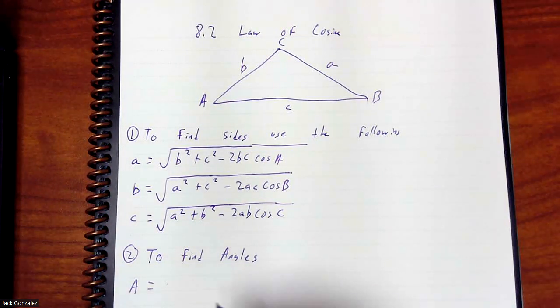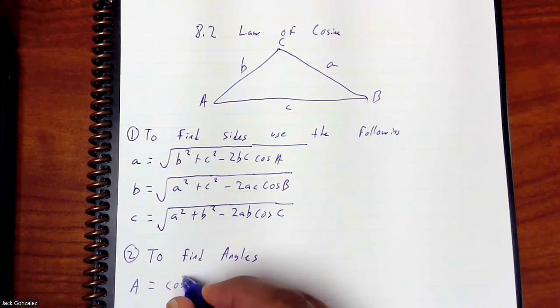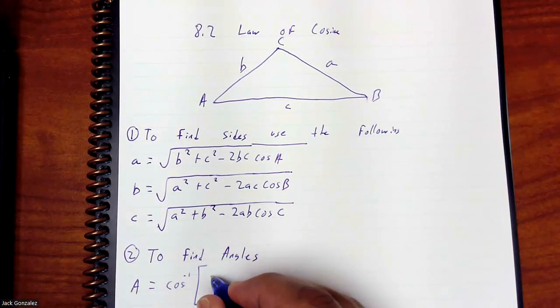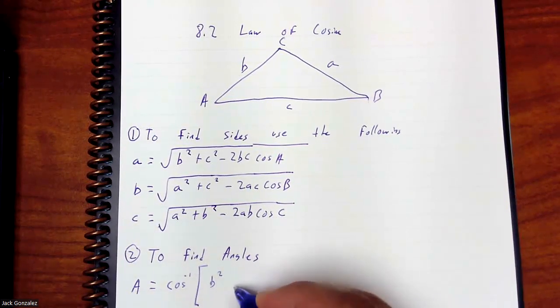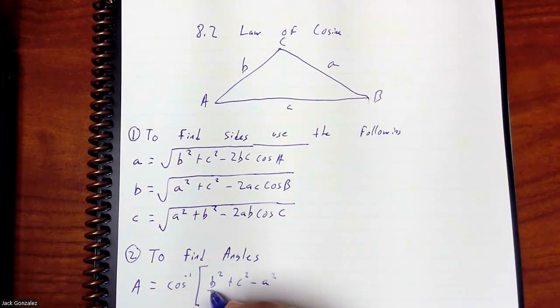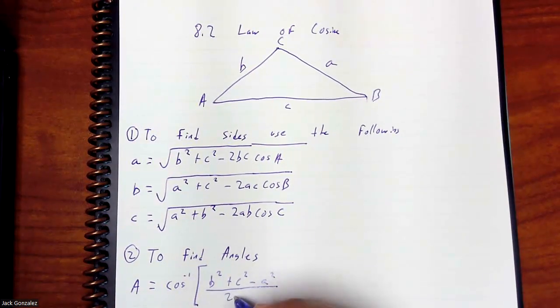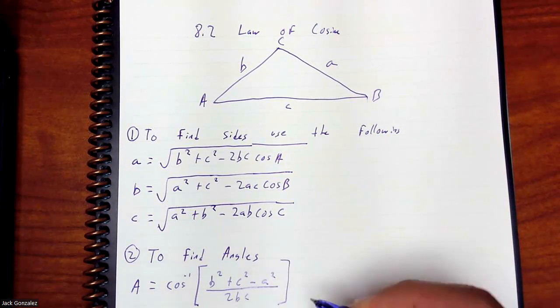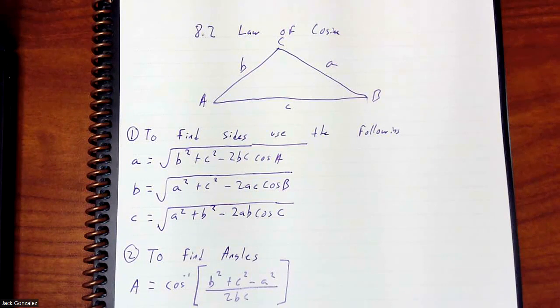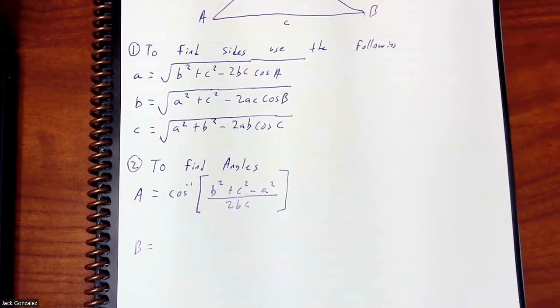So it's equal to cosine inverse of all this garbage: b squared plus c squared minus a squared over 2bc. Oh, wait a second.